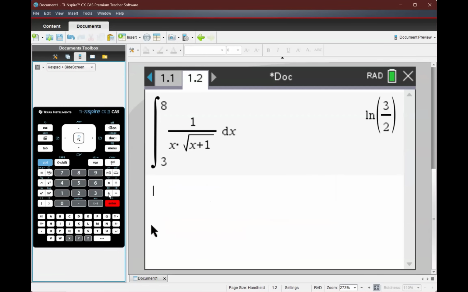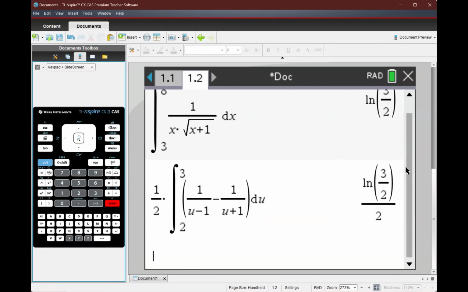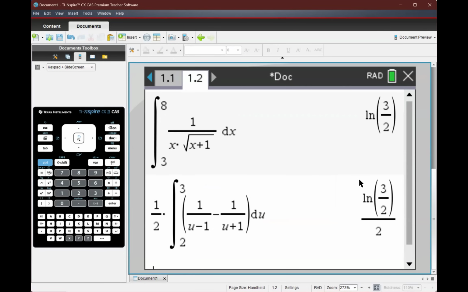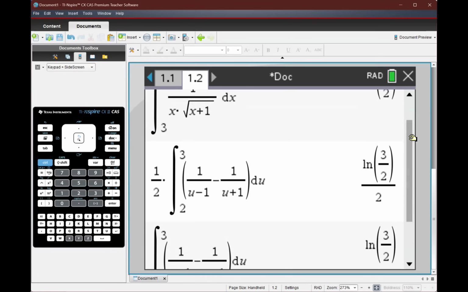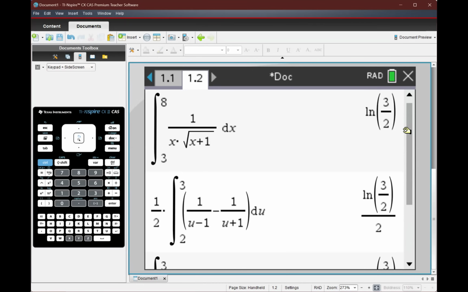Let's try option A. We have a half integration 2 to 3 of fraction 1 over u minus 1 minus 1 over u plus 1, du. So actually, the first option gives me half of the desired value. That means I don't need the half. And you can see option B gives me exactly the same answer, okay? So that is my possible approach to tackle question 8.